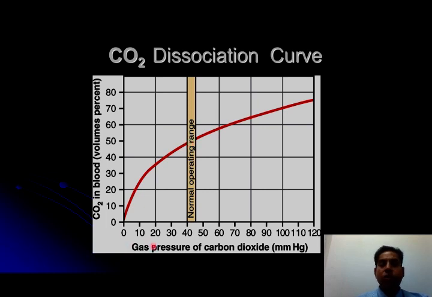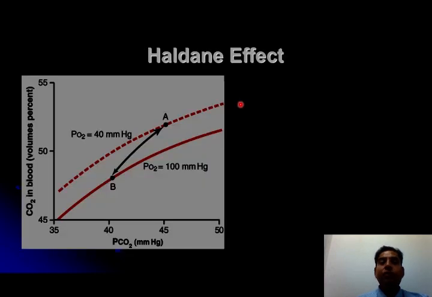As the partial pressure of carbon dioxide increases, you'll find that the carbon dioxide in the blood in volume percentage will also increase. Now let us see how the Haldane effect works. Just imagine for a moment that the partial pressure of oxygen is 100, as occurs in the lungs.